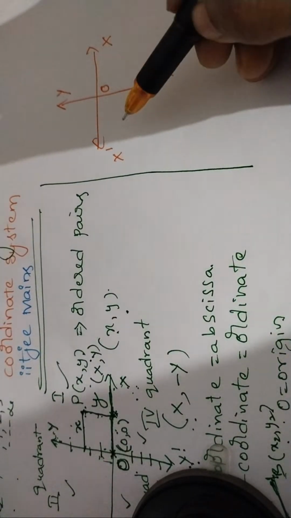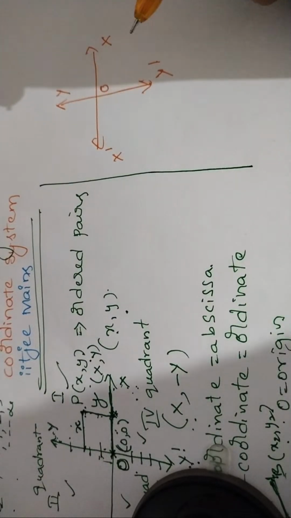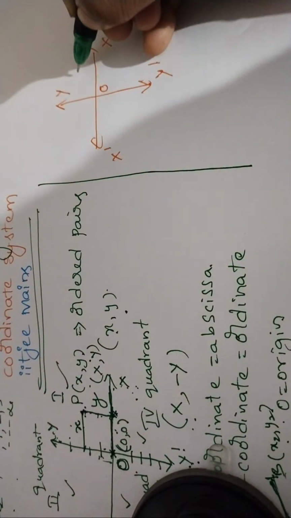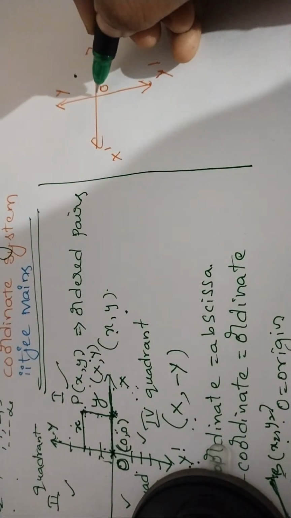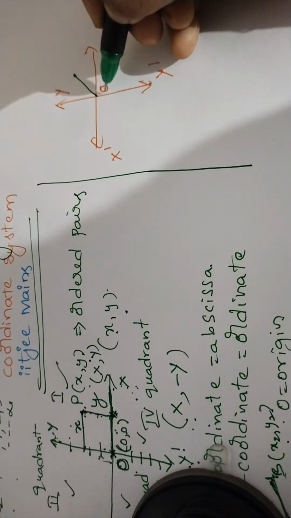So here we have a plane having straight lines. Now I want to find the distance between a point and the origin.